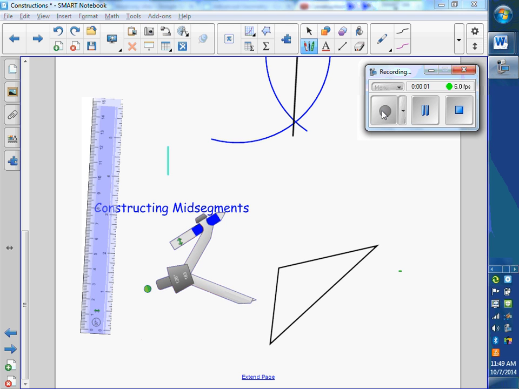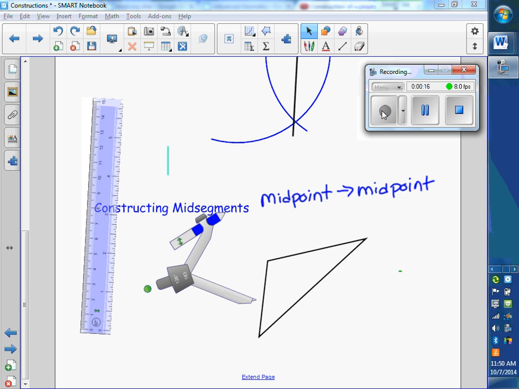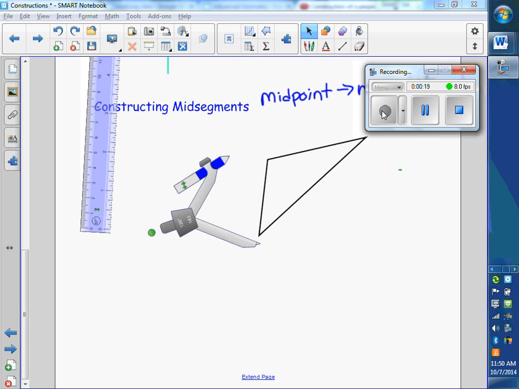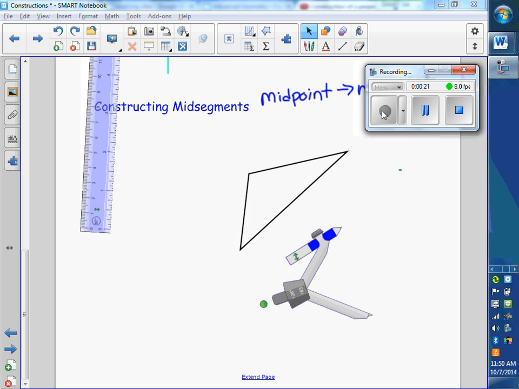Midpoint to midpoint instead of midpoint to vertex. So in a triangle, the cleanest way to do this is 3 circles.